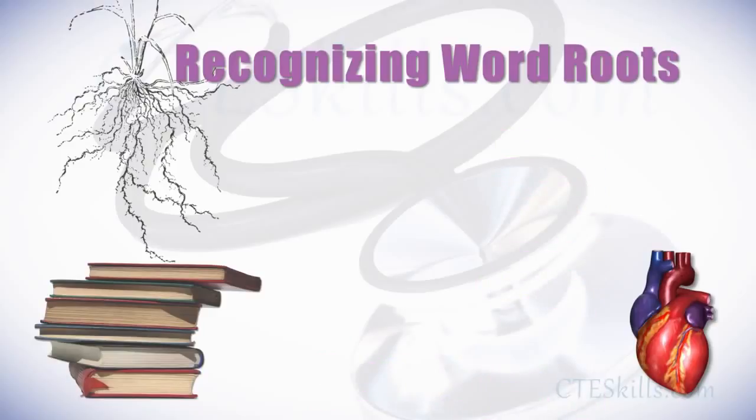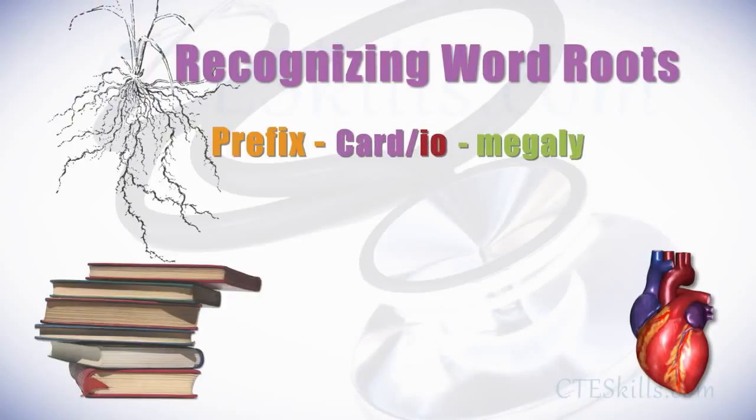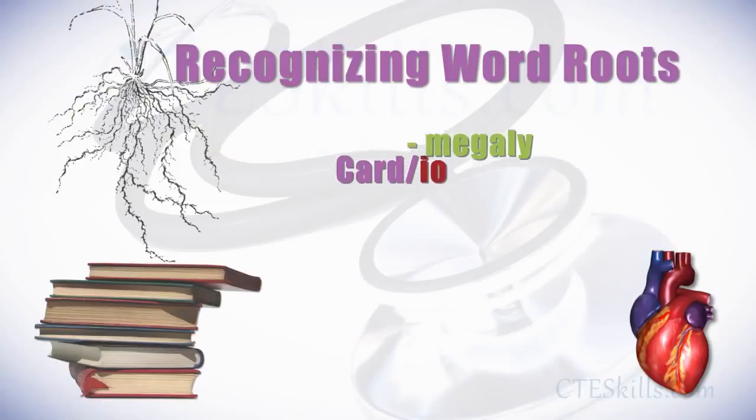An example, cardiomegaly. The method for deciphering a medical term is that you start with the last word part and work yourself up through each element until you get to the first element of the term, which would most likely be a prefix. So you would need to decipher first the suffix, in this case being megaly.